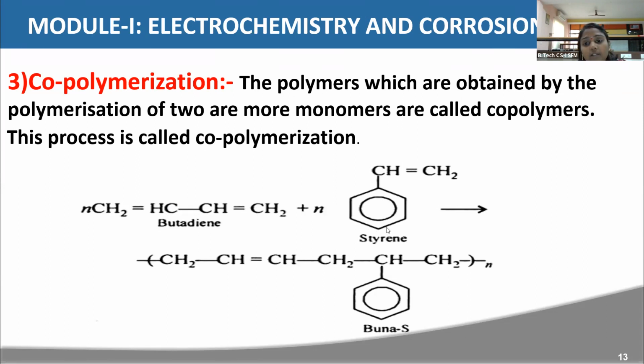It reacts with styrene, formula CH=CH, to form Buna-S. CH2 CH=CH CH2 CH2. This is the structure for Buna-S. Very, very important, students. Remember and practice the formulas. Then only you get it.